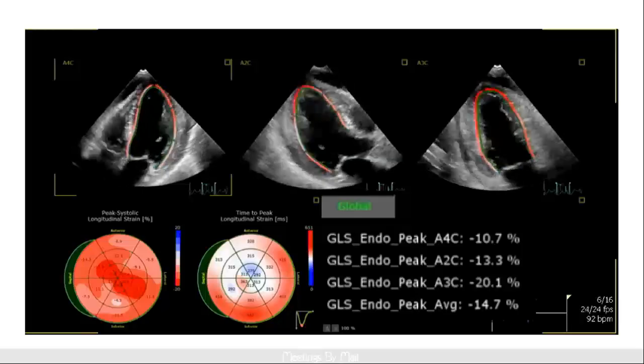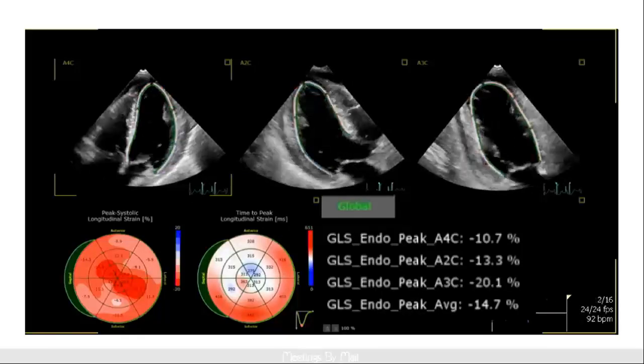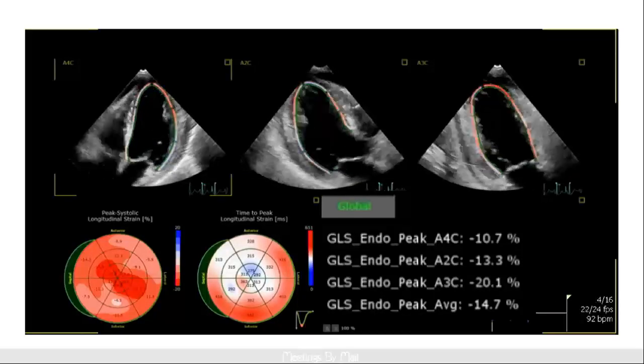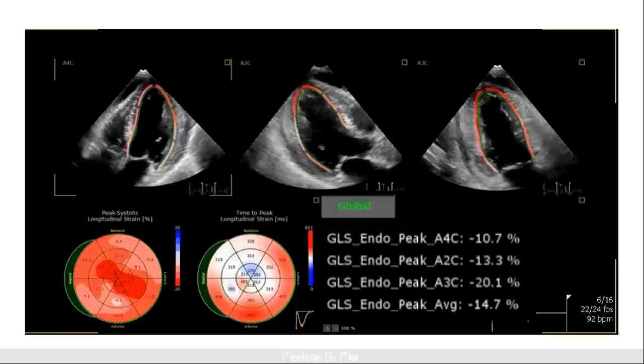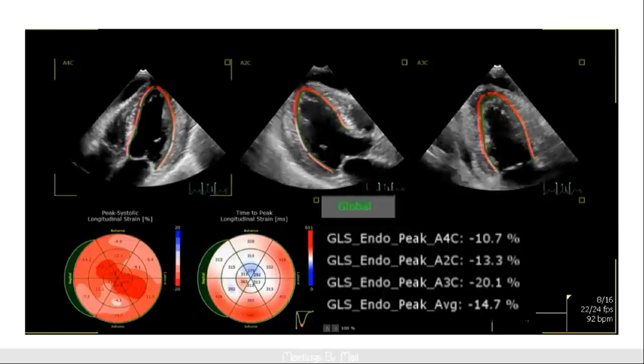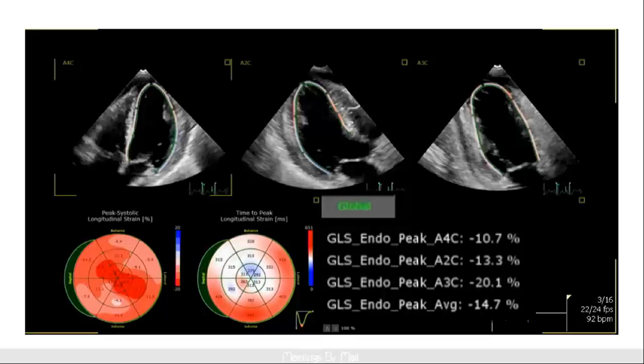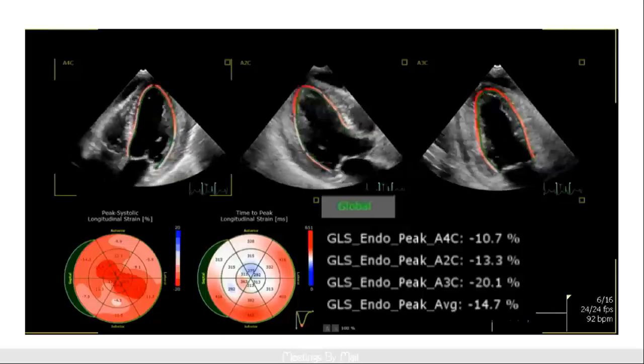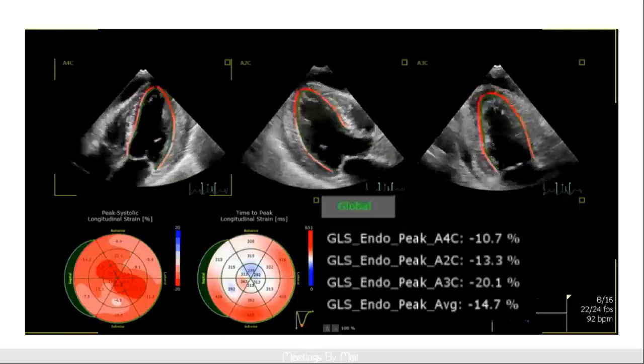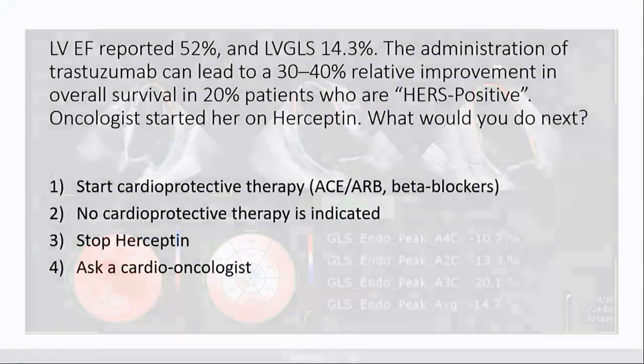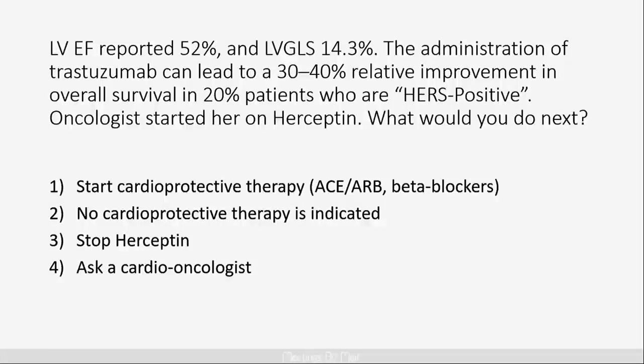And 15% happens to be a somewhat lower number, and typically the question that always comes up is what number you're going to use in clinical practice. For that, we start looking back and examining different questions that are emerging in this particular case. So ejection fraction 52%, the GLS looks reduced.